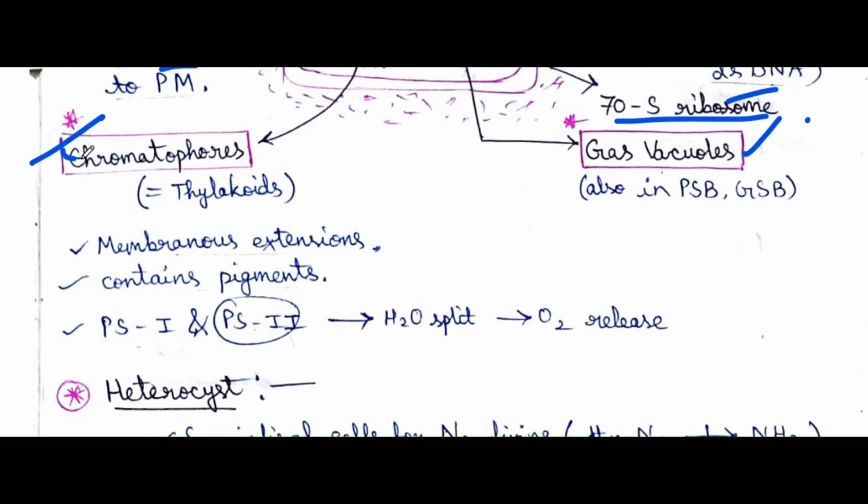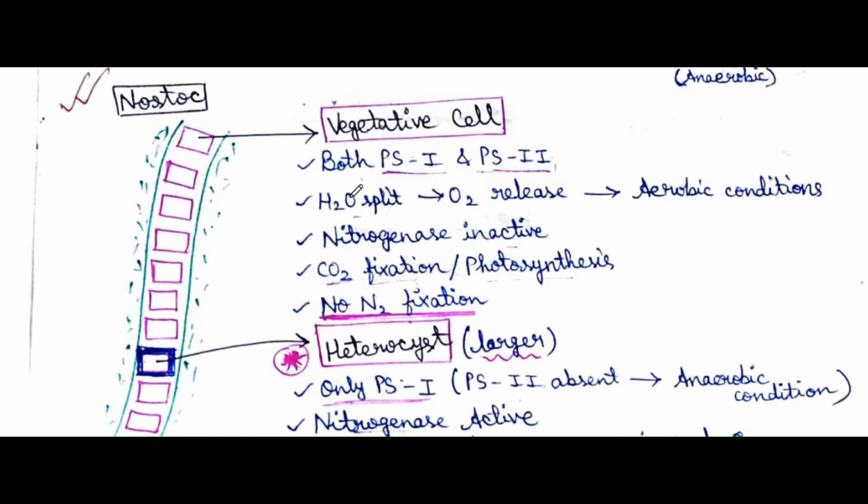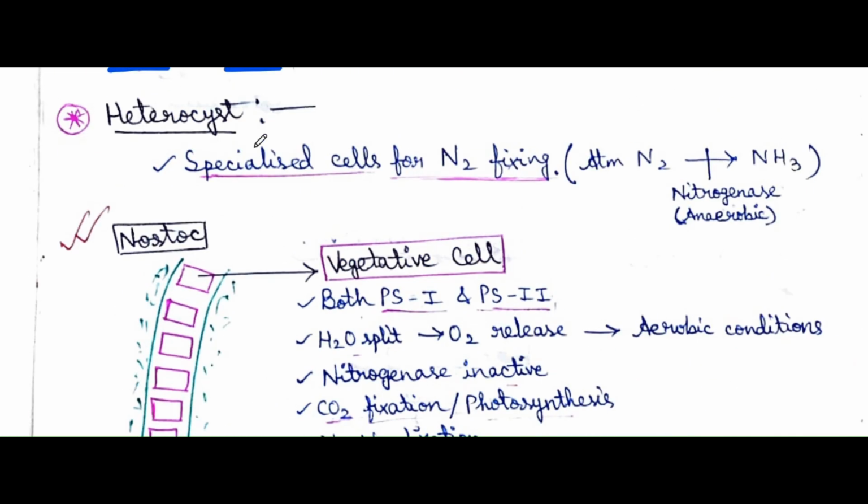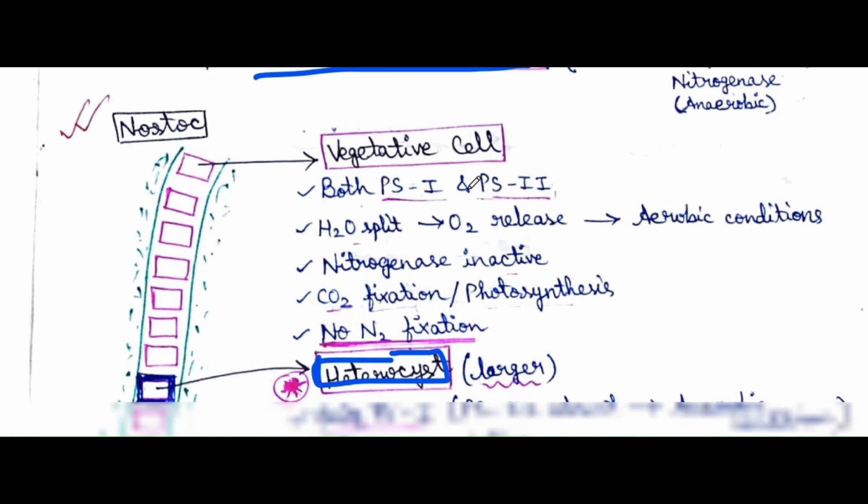They have chromatophores, which are membranous extensions containing pigments like PS1 and PS2. In Nostoc, we can see some vegetative cells, but one cell is different there. That's called the heterocyst, an important characteristic of Nostoc, a specialized cell for nitrogen fixing.